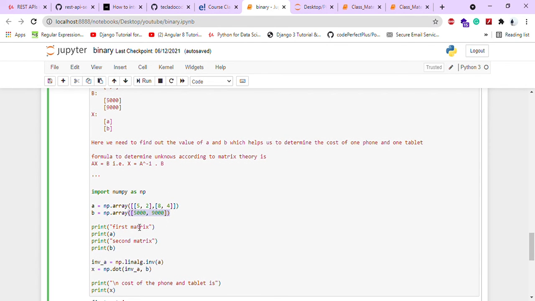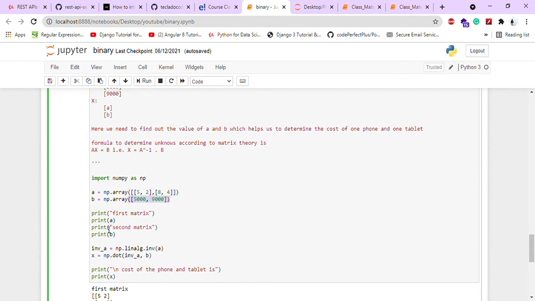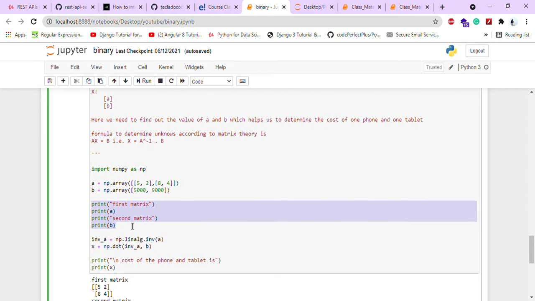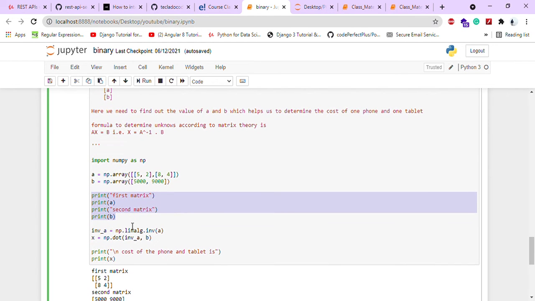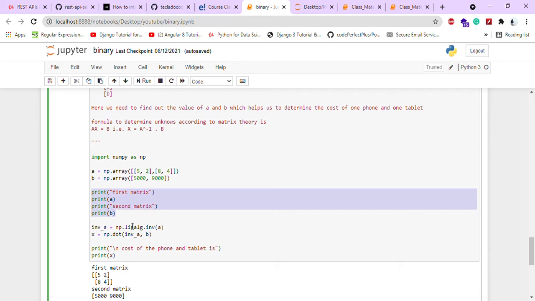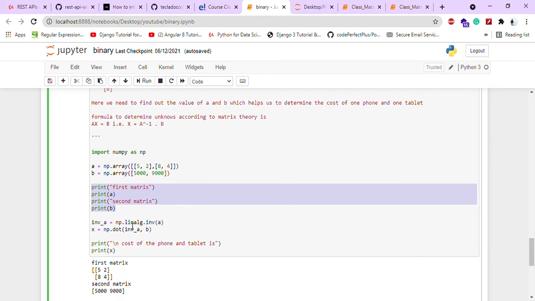There is no need of printing it, but for my understanding I printed the a value and b value. It's up to you, and if you don't want, you can leave it out. And now coming back, inverse of A. I gave A inverse to find the inverse of A, so it might be very familiar.